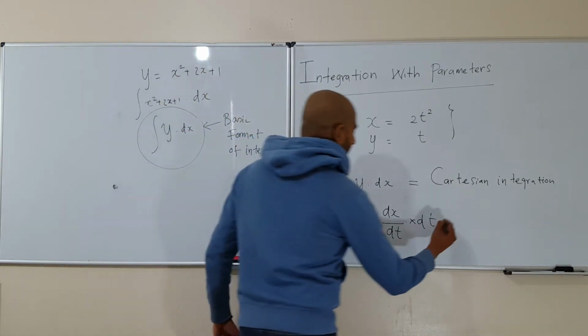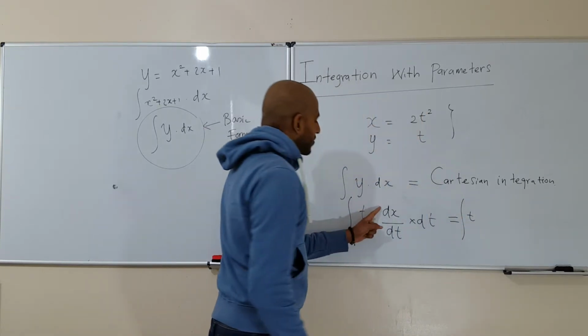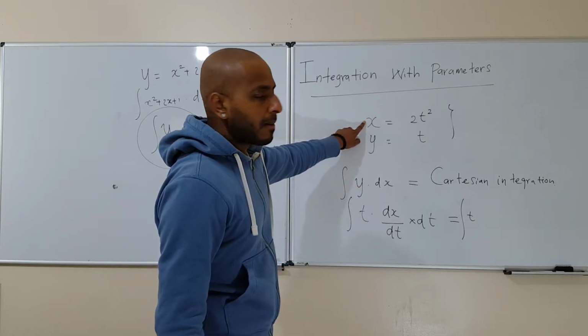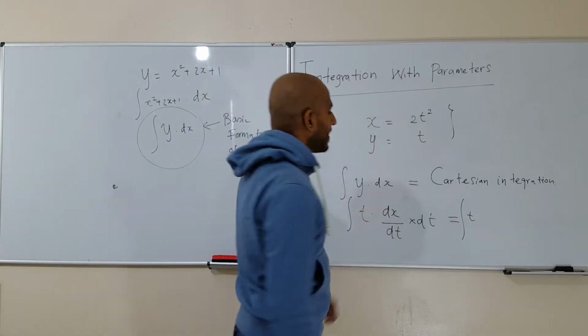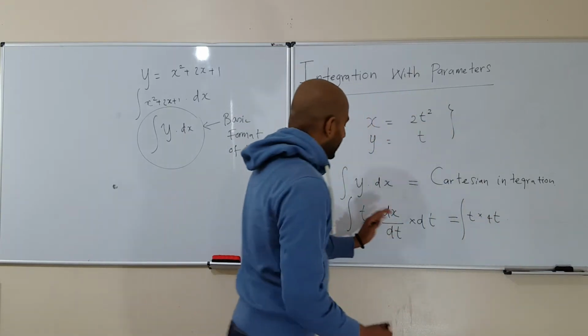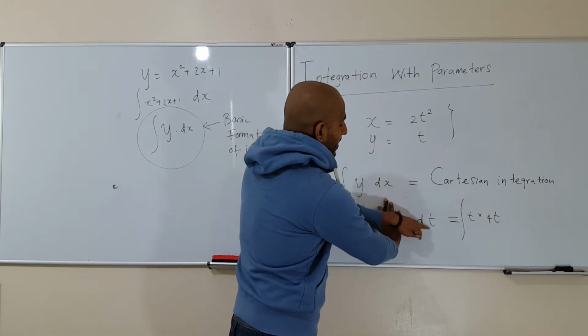So here t is t, dx over dt. We can differentiate x in terms of t, so what I'm going to get is 4t there. 4t times dt. Once I differentiate that, I get 4t, and that is dt outside.